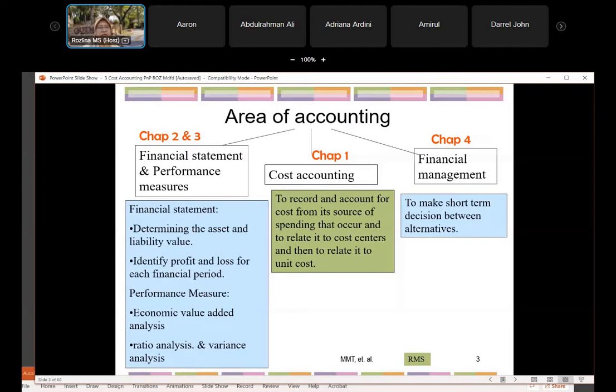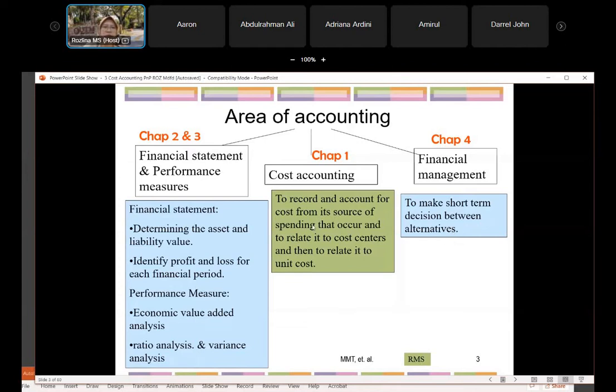But we also have the rental and the utilities to be absorbed by the product. So it is still an important topic for you to learn. Then chapter 4 is financial management, to make short-term decisions between alternatives.